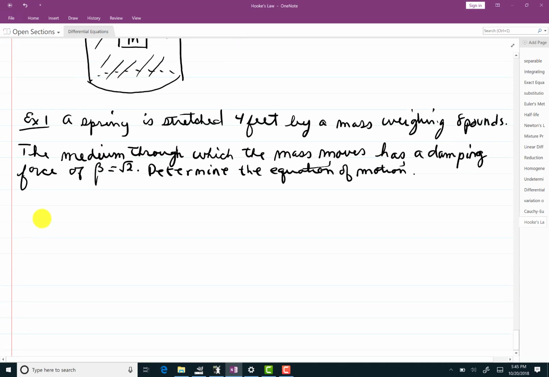So as before, we'll do the same things that we did. I need beta, which I'm given here. The mass I can get in a second, and k I can get in a second as well. So from force equals k times s, same thing as before, the stretch is 4 feet and the force was 8 pounds.